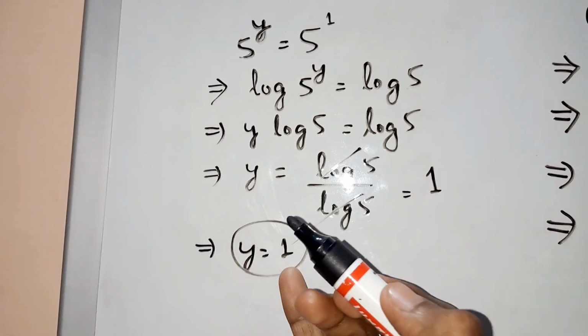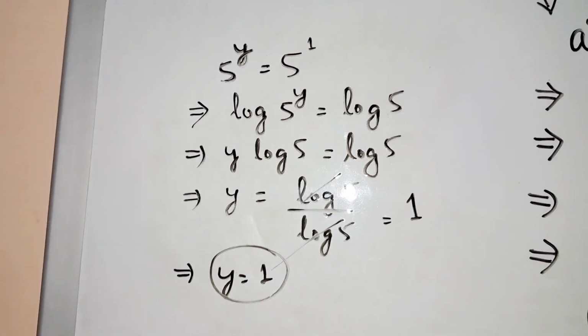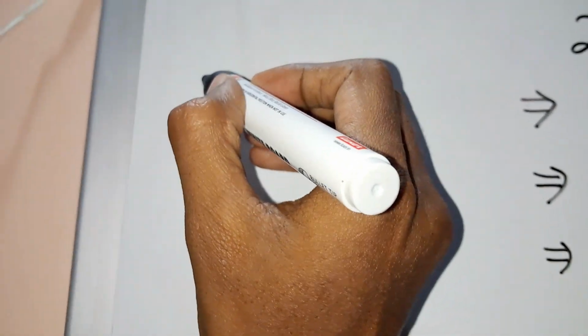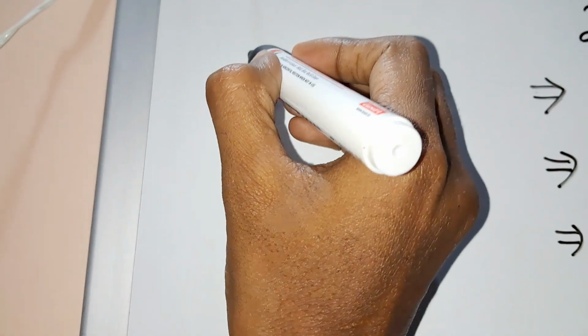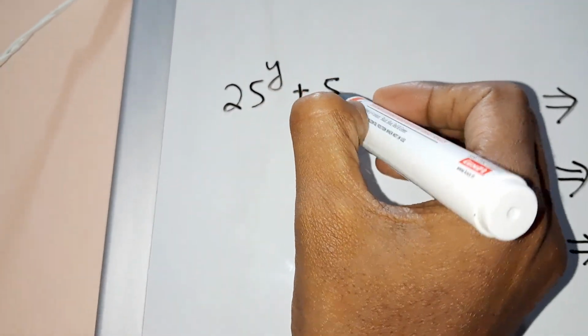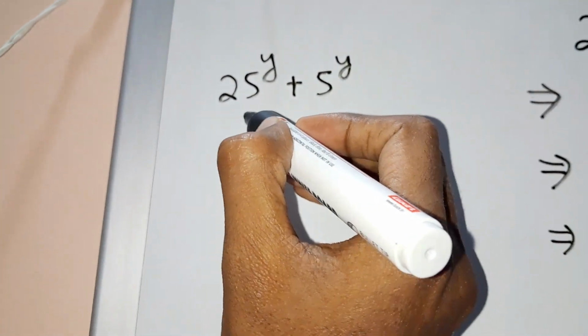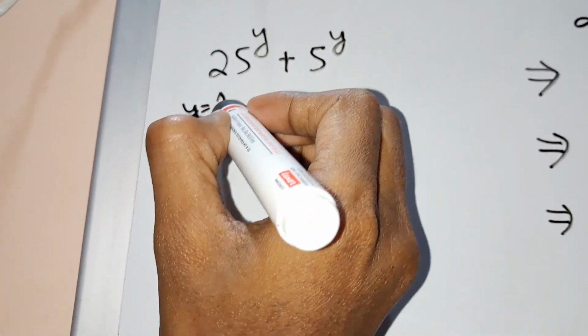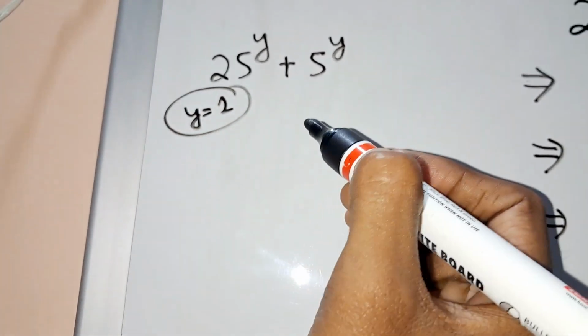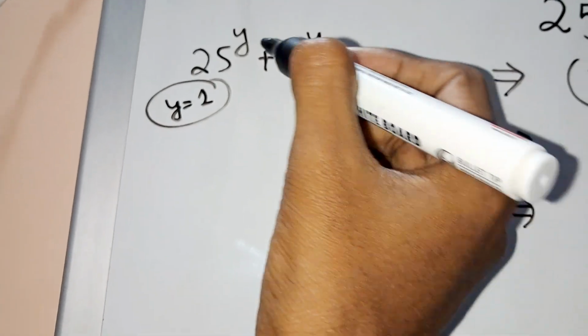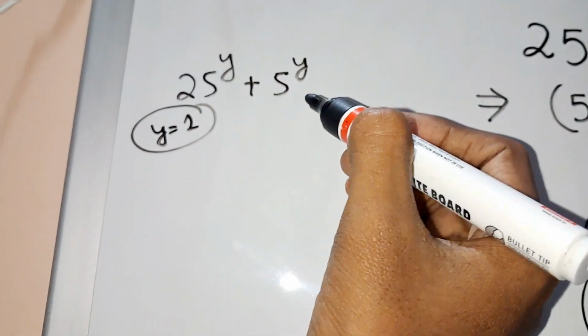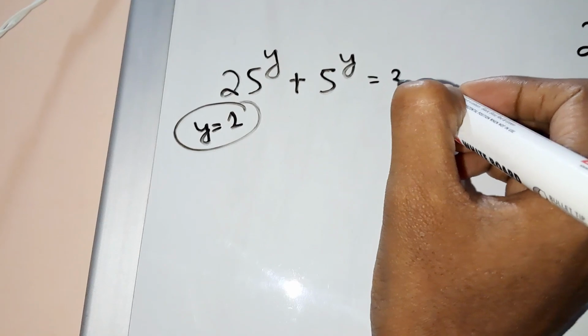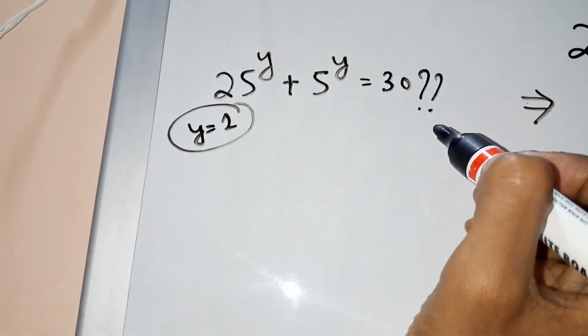So we have to check whether this y satisfies our equation or not. Our equation is 25 to the power y plus 5 to the power y. We have to check whether y equals to 1 satisfies our equation, that is, whether the left hand side equals the right hand side, which is 30.